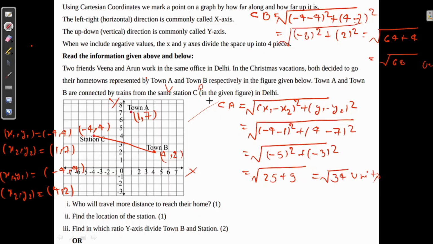Now you can see the distance between C and A is root of 34, and the distance between C and B is root of 68.